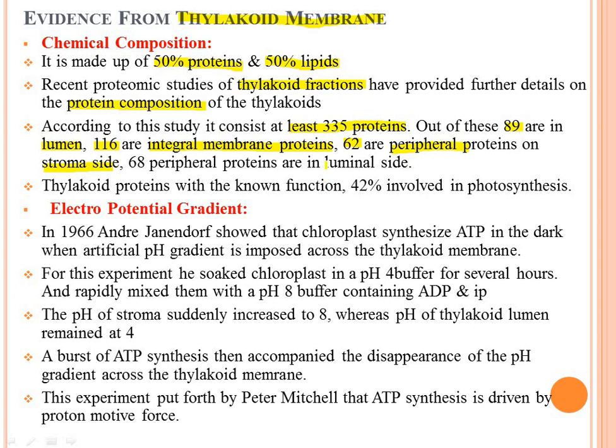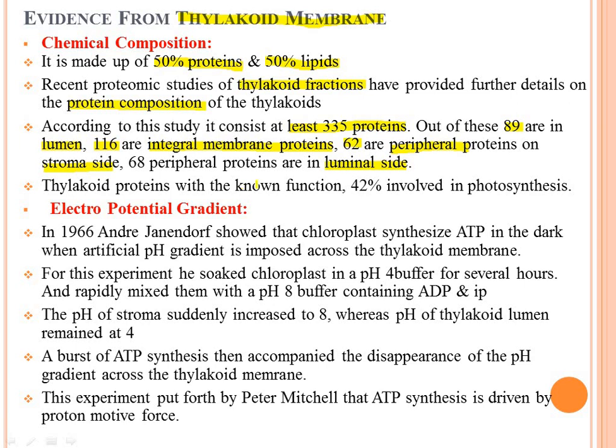So of at least 335 proteins in the thylakoid membrane, 89 are in the lumen, 116 are integral membrane proteins, also known as transmembrane proteins, 62 are peripheral proteins on the stroma side, while 68 are peripheral proteins on the luminal side.